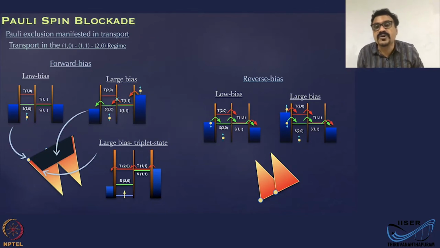So you have no blockade in the reverse bias case. Only in the forward bias case do you see a blockade because of the Pauli exclusion principle. In reverse bias, you will always see the full bias triangle. In the forward bias case, the bias triangle is partially blocked. I mean, partially no current in the lower bias regime. Okay.